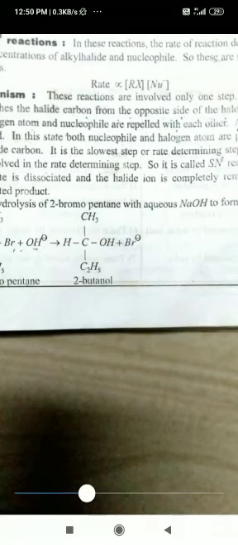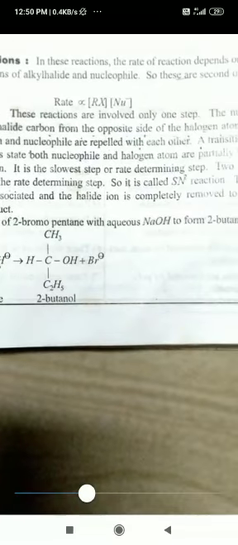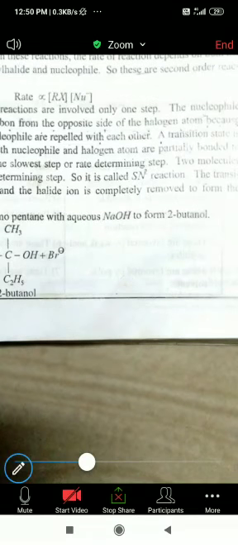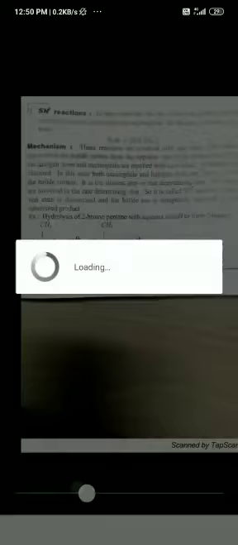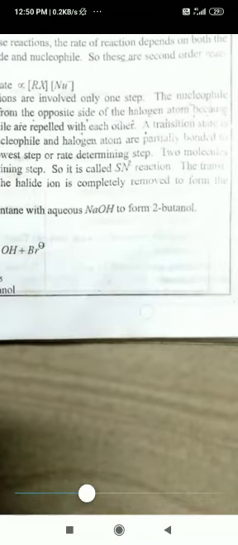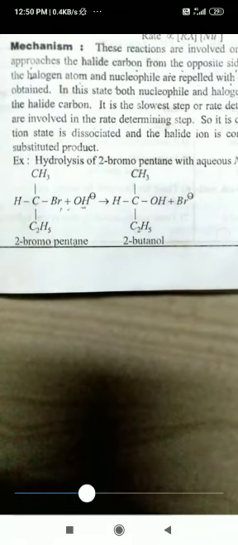So in SN2 reactions, both the attacking of the nucleophile and the leaving of the halogen atom take place simultaneously. So a transition state is obtained.